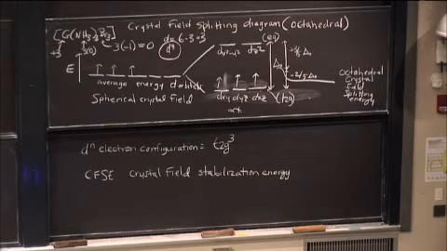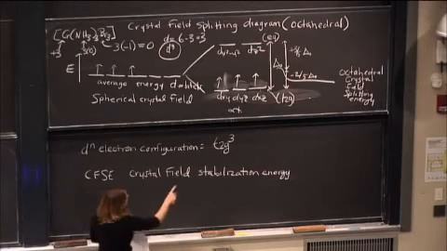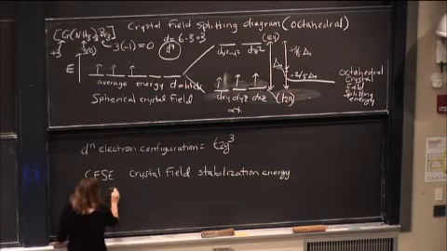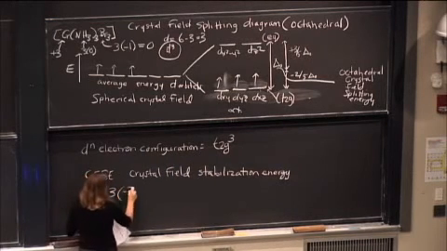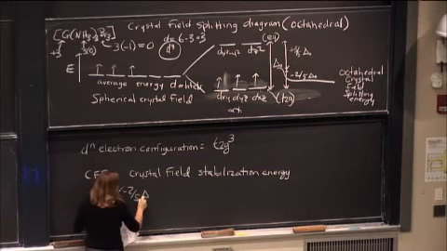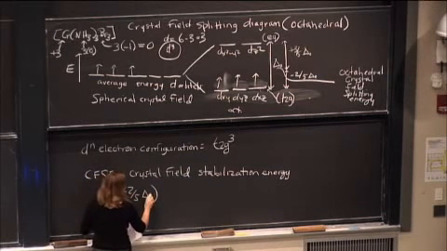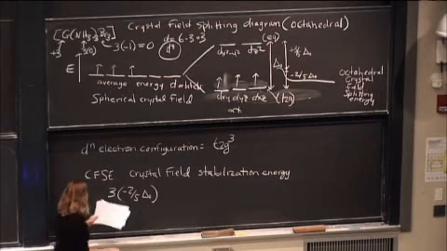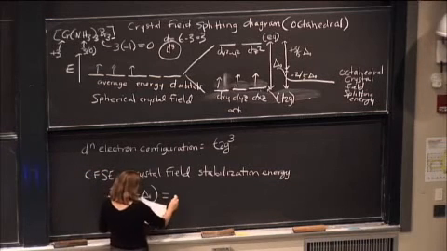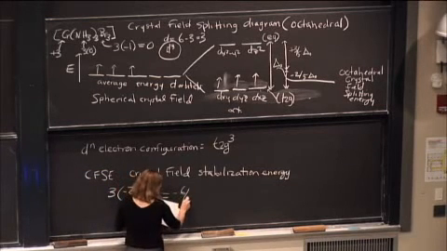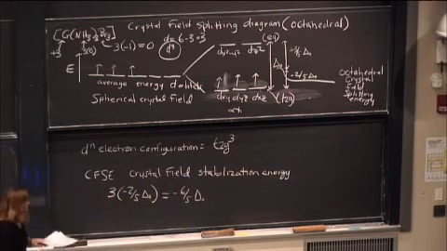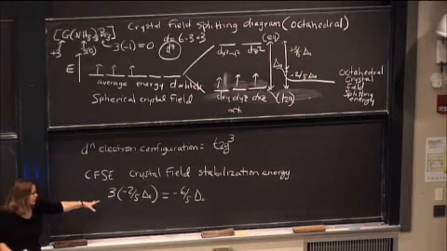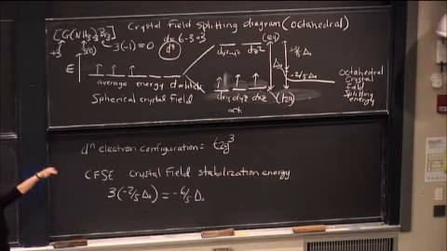What we can do there is see that you have 3 electrons in those lower sets of orbitals, and those orbitals are stabilized by 2/5 times the octahedral crystal field splitting energy. That gives an answer of -6/5 times the octahedral crystal field splitting energy. So that's how much those electrons are stabilized, so they are lower in energy.